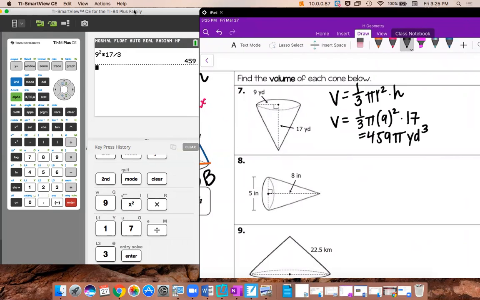If I wanted to make this without the pi, and not an exact form, I would just take that answer and multiply by pi. So my rounded answer, let's see, 459 times pi.